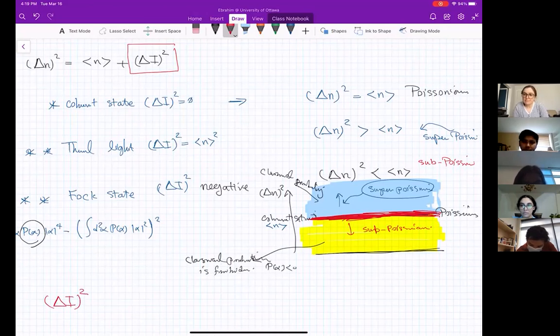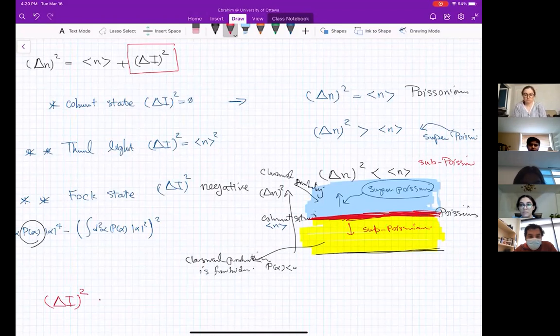I means intensity, and when you deal with intensity, we are dealing with second order of n, with n squared. Be careful. That's the reason we have to go with the G2 function.